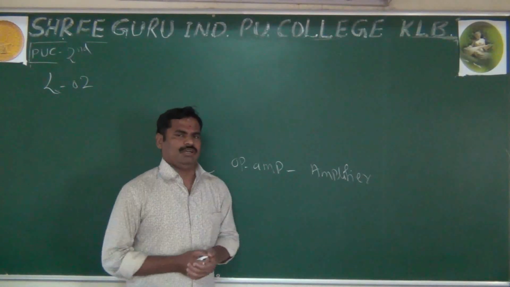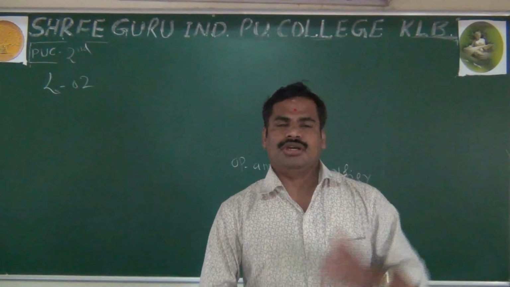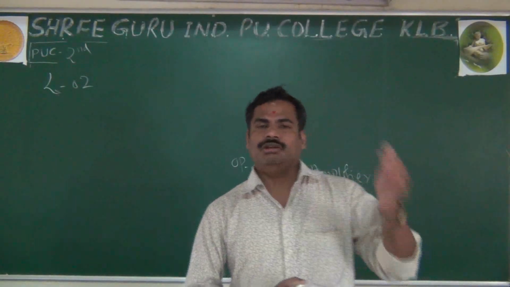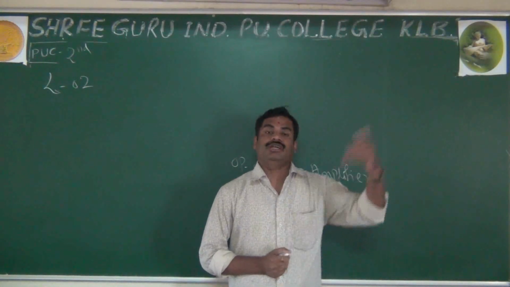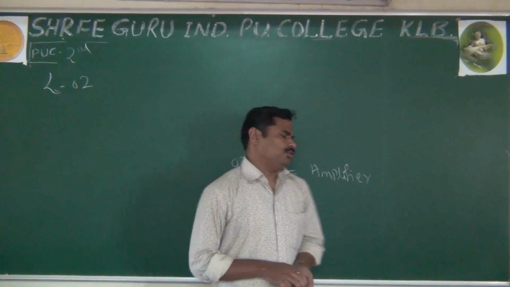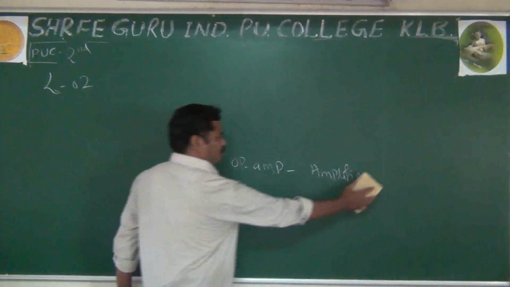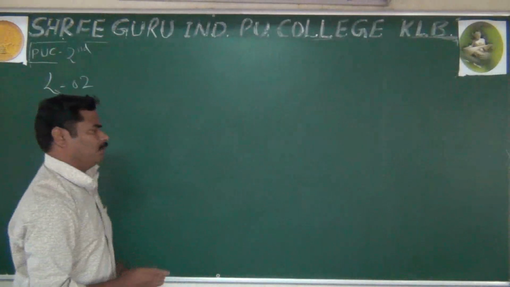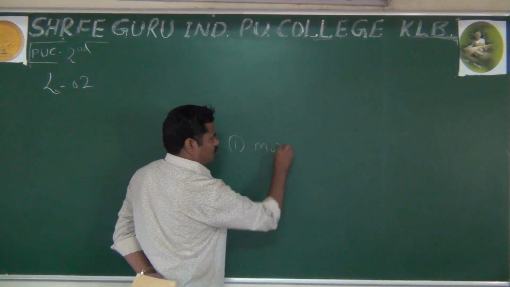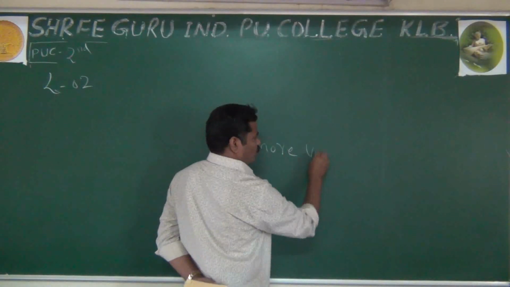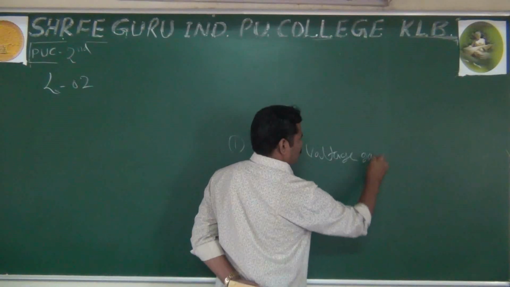Why is it called a perfect amplifier? Because yesterday I said, in general, for any amplifier we give more importance to five or six parameters or characteristics. Always, for any amplifier, we want more voltage gain.